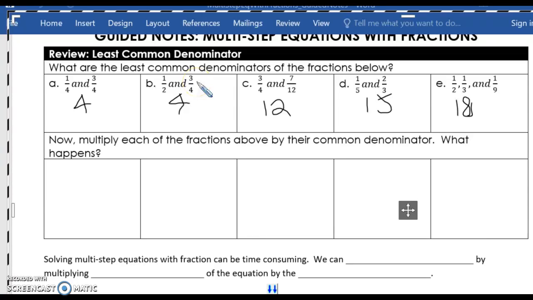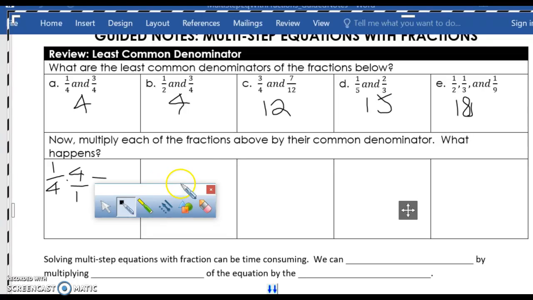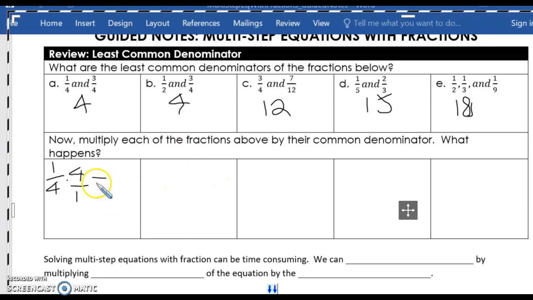So what happens if we multiply each of the fractions above by their common denominator? We multiply 1/4 by 4, which is really 4/1. The 4's cancel, and we're left with 1.